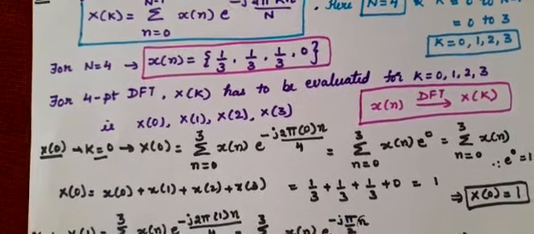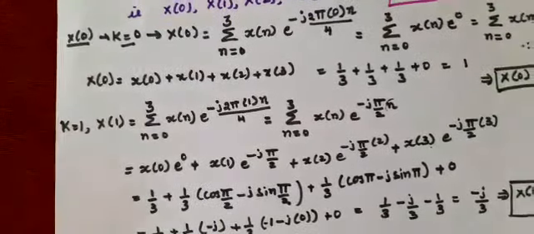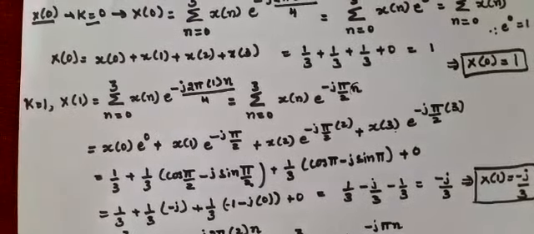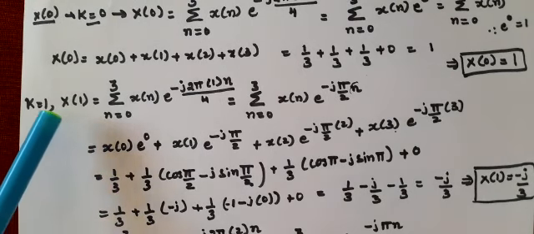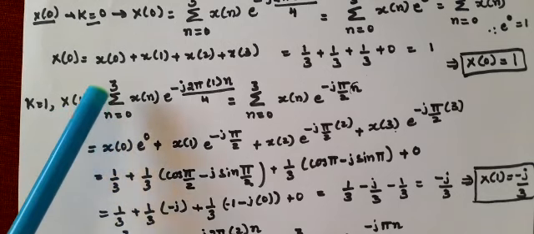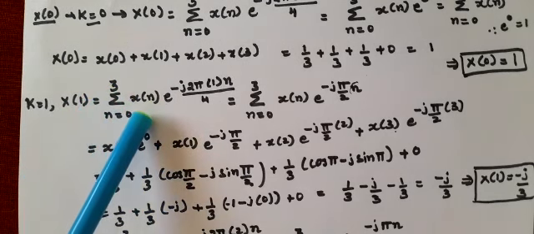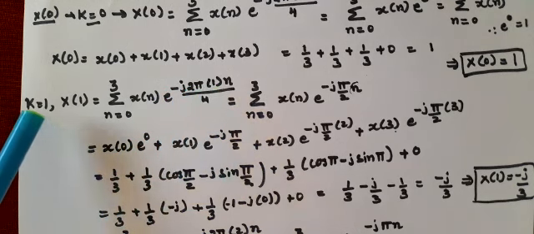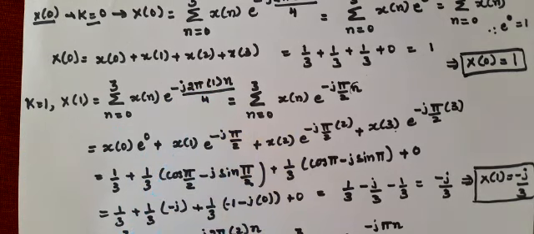Now, coming to capital X of 1, substitute k value as 1 in the formula. Capital X of 1 is equal to summation n is equal to 0 to N minus 1, so n is equal to 0 to 3 of x of n e to the power minus j 2 pi k n by capital N, where k is 1 and capital N is 4.